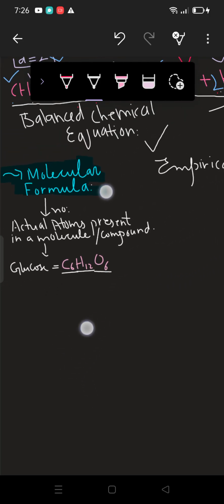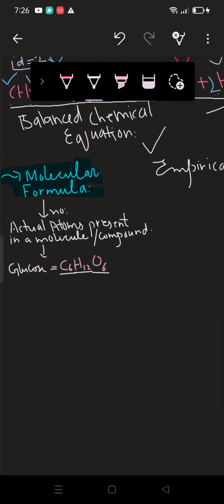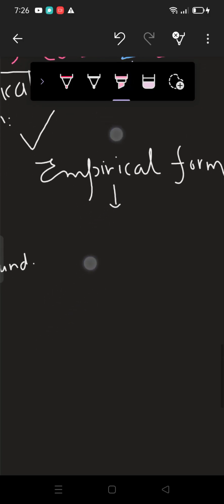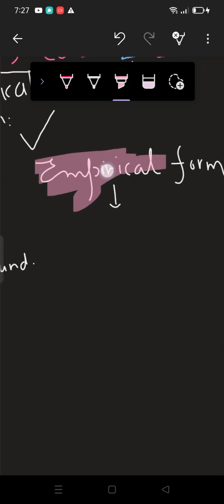However, what does the empirical formula tell us? It gives us the simplest ratio of the atoms present in a molecule. So let me write that as well.